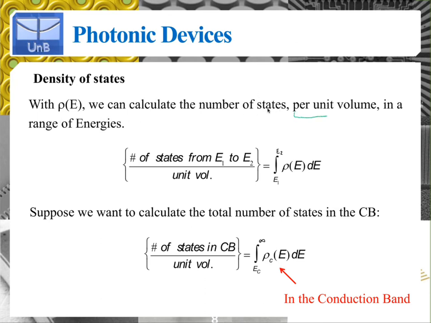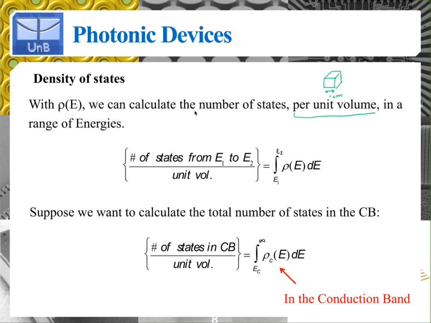Always important to remind ourselves that all of these quantities relating to numbers of states or carriers are given per unit volume, usually per cubic centimeter. So you're calculating the number of states or carriers in a cube with 1 centimeter on its side, right? They're normalized with respect to the volume of semiconductor.